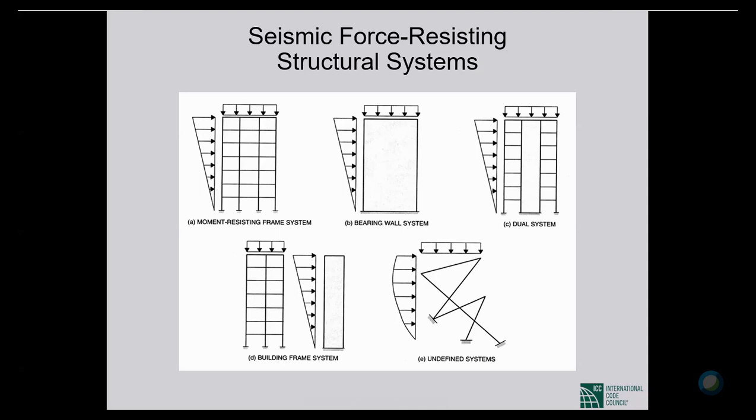The two words substantial and essentially I did not throw in for effect. Substantially all the gravity loads means that the weight of the walls do not have to be carried by the frames. Substantially all the gravity has to be carried by essentially complete frames. The frames don't have to be 100.00% complete, but they have to be essentially complete.